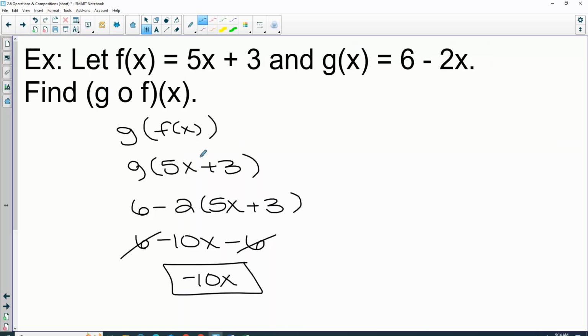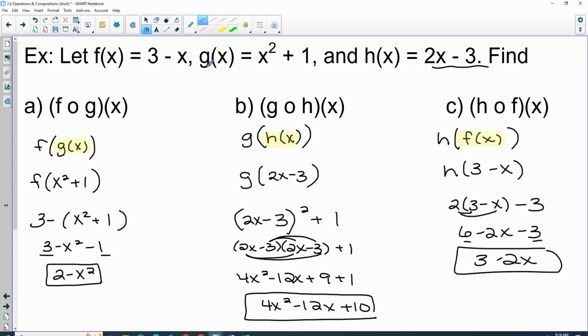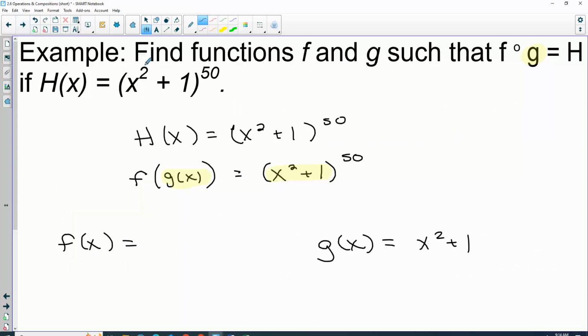We take the inside and we replace the x with it, right? So if I'm undoing it, it's essentially saying, okay, this replaced the x. So if I were going backwards, before it was an x squared plus 1, this was just an x. So function f would have to be x to the 50th power.